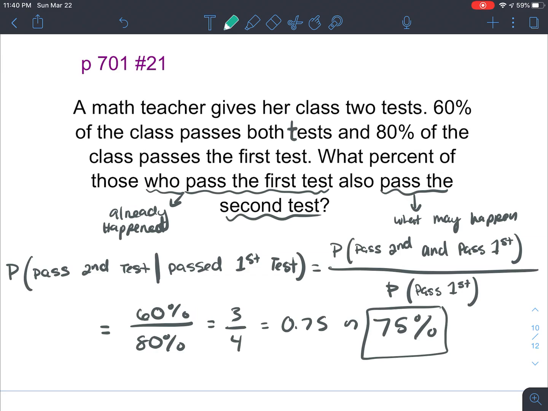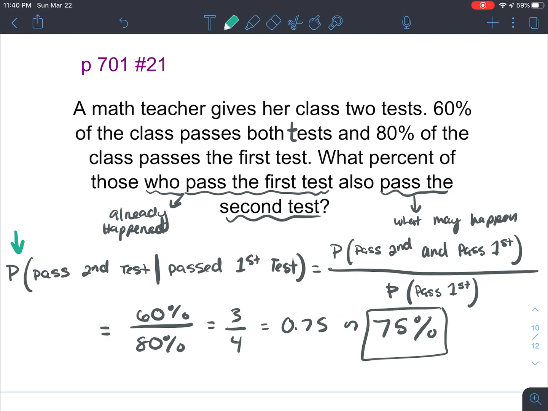Okay, hopefully you had some time to figure this out. So the first thing you needed to do was to figure out what our statement is. What are we trying to figure out the probability of? What has already happened? If we look at the question, it says, what percent of those who pass the first test also pass the second test? Well, it doesn't say the word given, but it does say what percent of those who passed the first test.